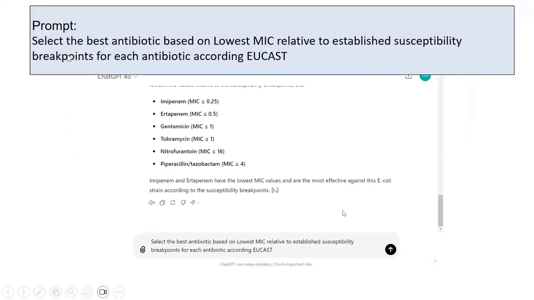Then I asked ChatGPT to select the best antibiotic based on the lowest MIC relative to the established susceptibility breakpoint for each antibiotic according to EUCAST. EUCAST is one of the standards for antibiotic breakpoints, which tell us what is sensitive and what is resistant.